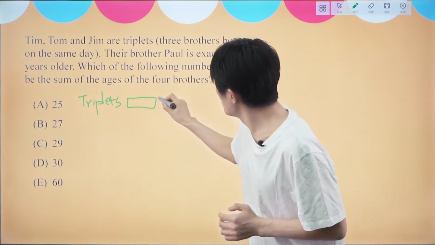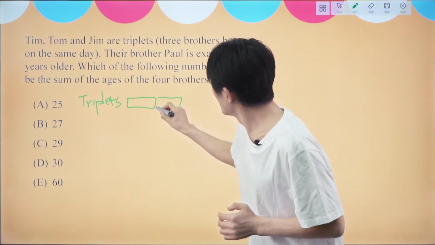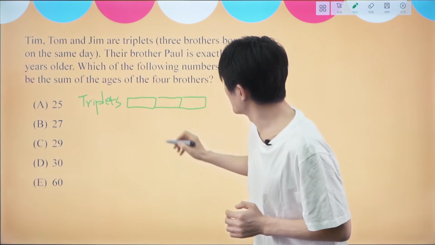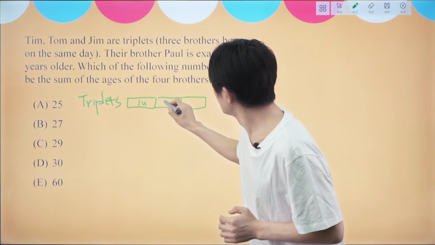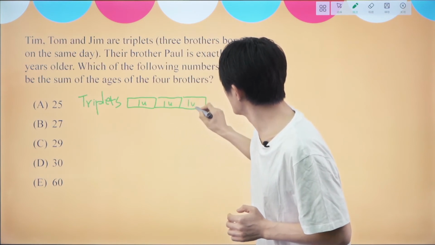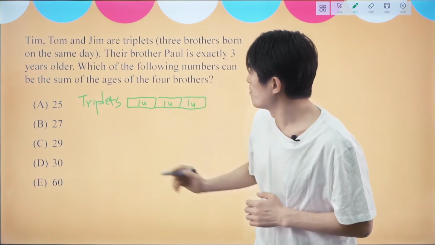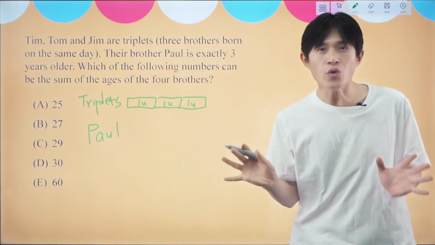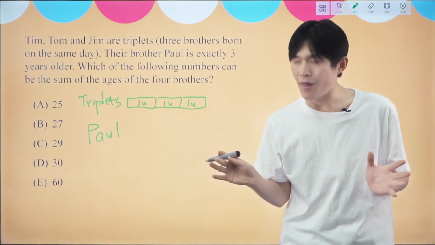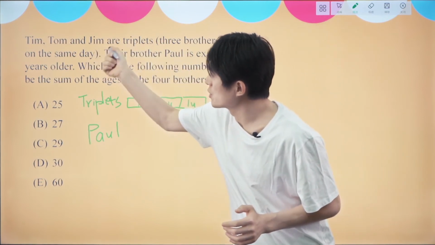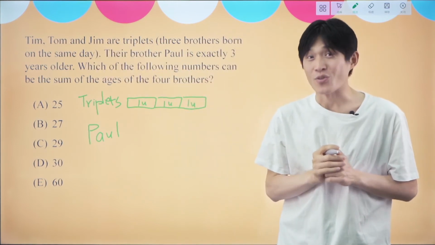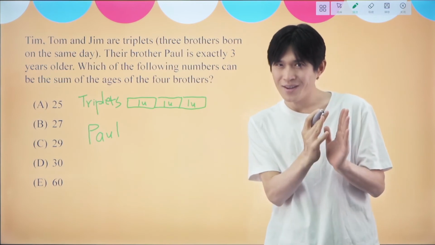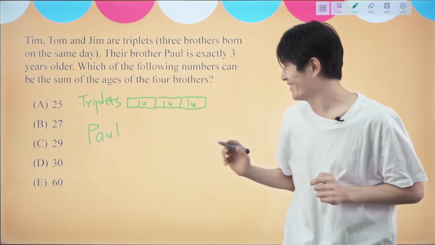So we have another unit and another unit. So we have 3 units. And Paul is 3 years older than each one of the triplets. So that means Paul's age will be 1 unit plus 3.